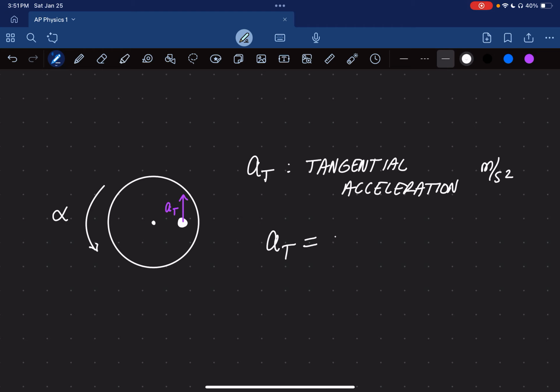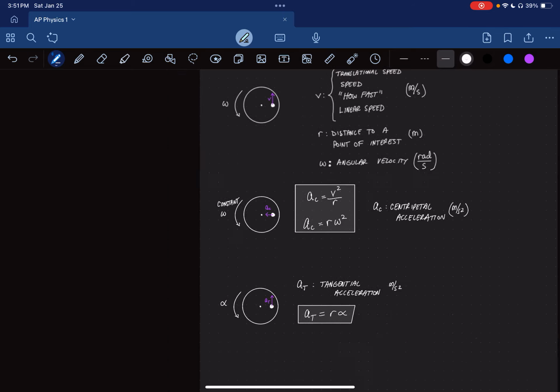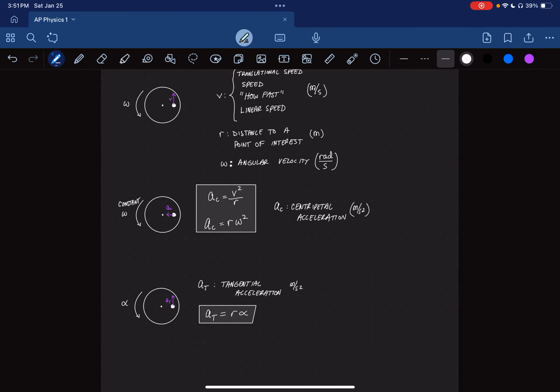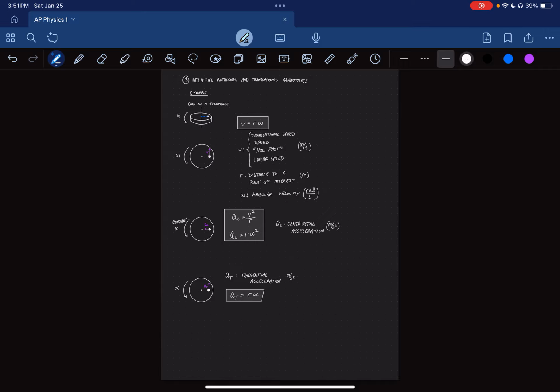I think that's what I was originally trying to write, which is r, the distance from the axis of rotation, times the angular acceleration. So we have some formulas.